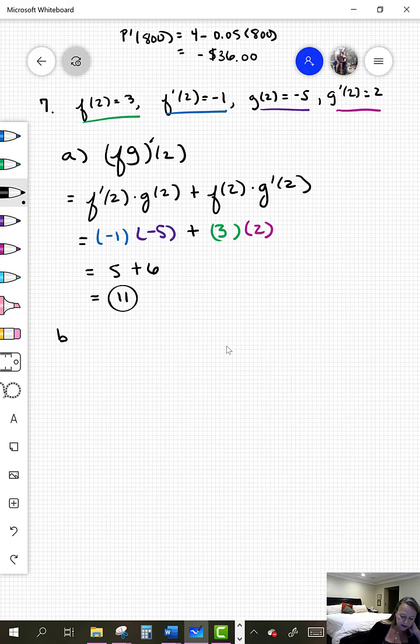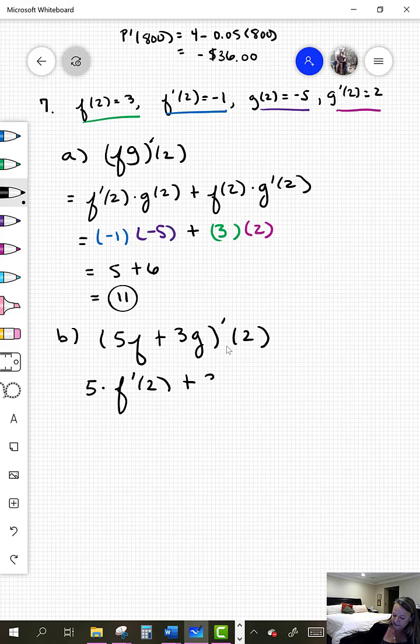Part B, you want to find 5f plus 3g, the derivative of this, evaluated at 2. Well, this is just a sum of two functions, so I'm going to look at 5 times the derivative of f of x, but evaluating at 2, so f prime of 2, plus 3 times the derivative of g of x, but evaluated at 2, so g prime of 2.